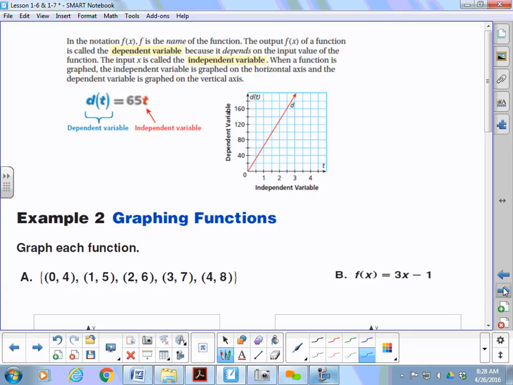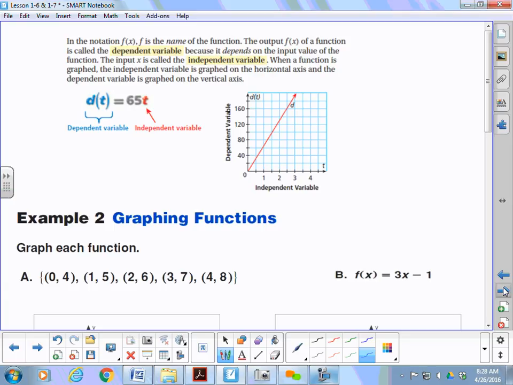The dependent variable is d of t. What do you think d of t stands for? Probably distance and time. The distance you travel depends on how much time you travel for.